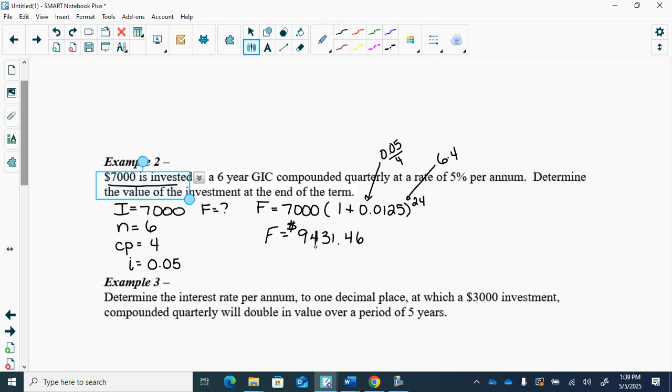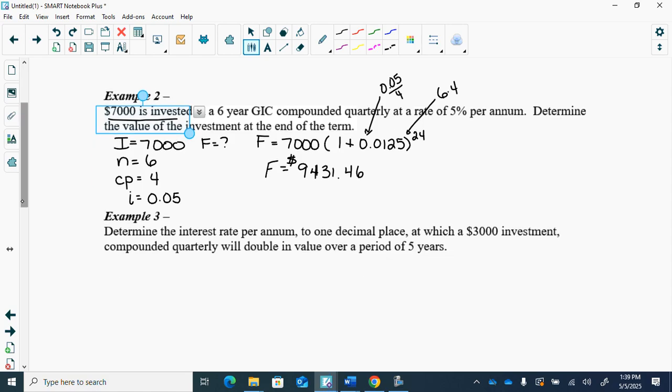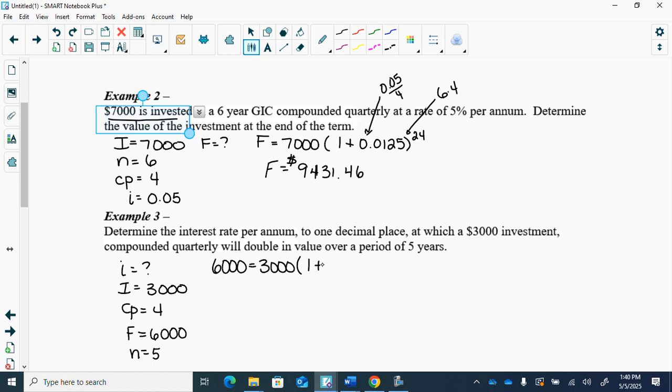Okay, 3. Determine the interest rate. So this time we want little i. To 1 decimal place, at which 3,000 invested, compounded quarterly, will double, so final of 6,000, in a 5-year period. So we're going to get 6,000 equals 3,000 bracket 1 plus i divided by what? 4.